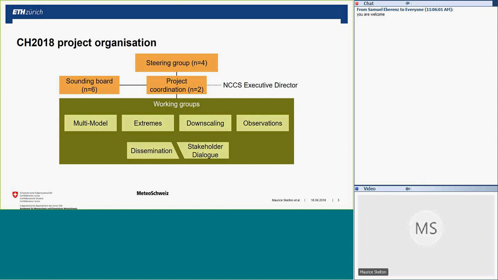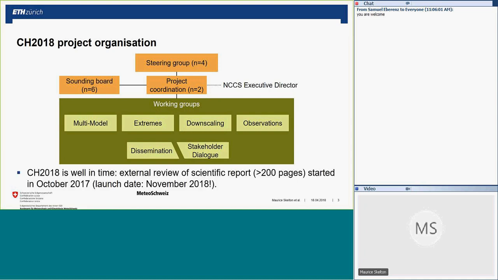One is more concerned with dissemination, so the production of leaflets, websites, and this launch event, which will take place later this year. And then there's this stakeholder dialogue, which I'm part of, along with David Bresch and some people at the MetOffice.